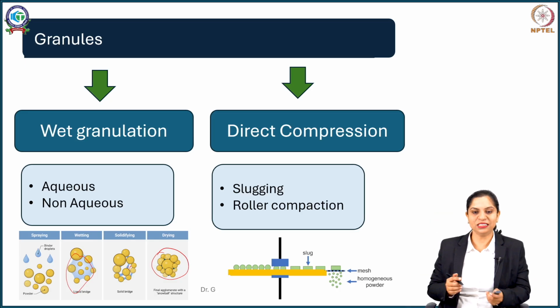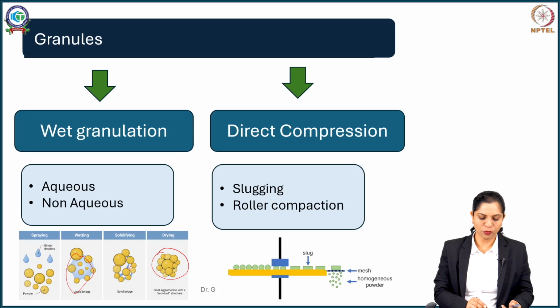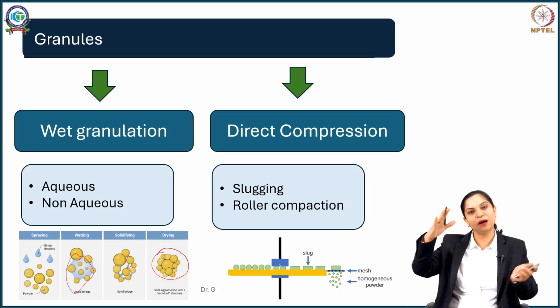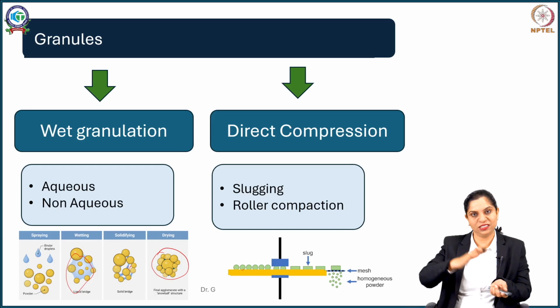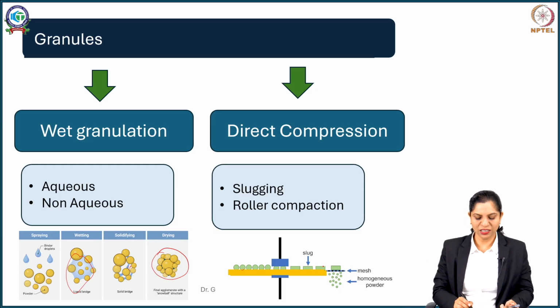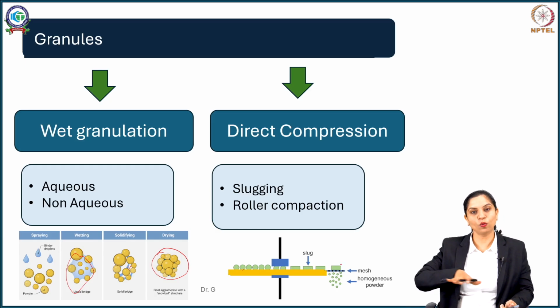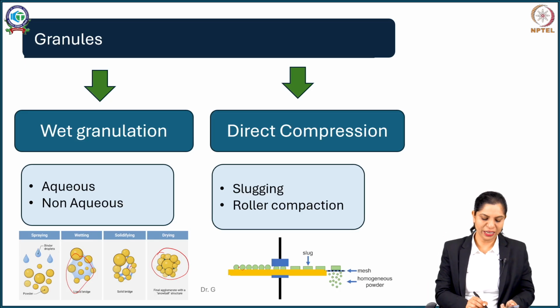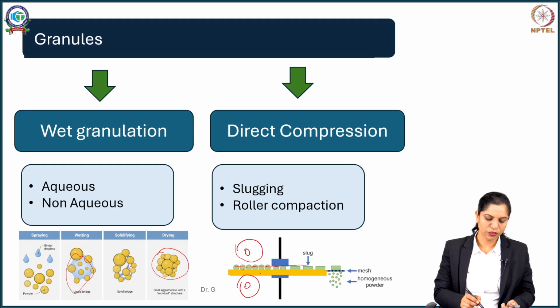One is slugging. As you can see, the powder is kept on the bed and it is compressed between two presses, which produces slugs, and these slugs are then broken by passing through the mesh. Alternatively, you might have something like a roller compactor machine.